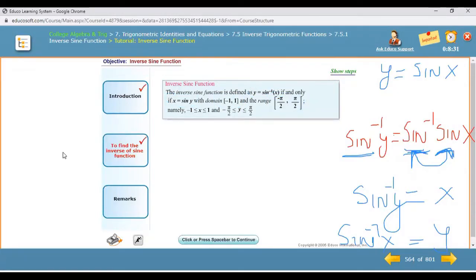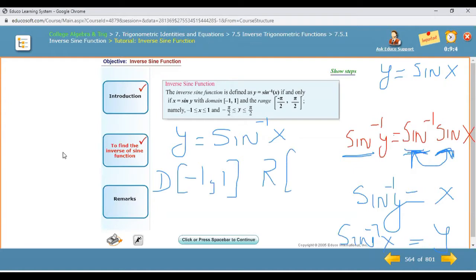Okay, so initially what we were using, actually the function was sine. Right now what we have is y equals sine inverse x, and they say the domain is -1 to +1, and the range is -90 to +90.